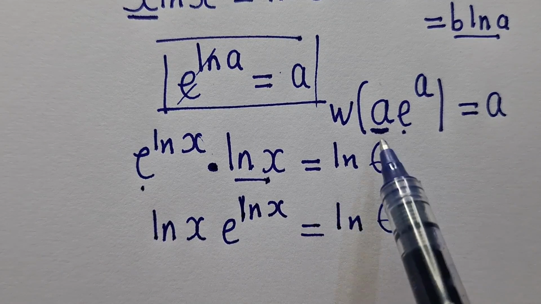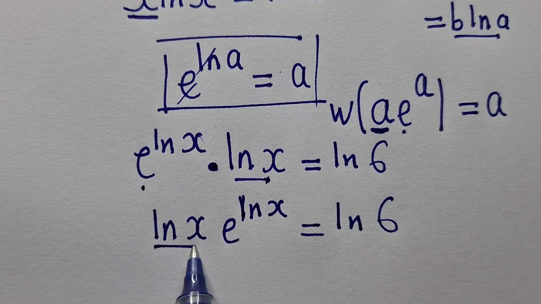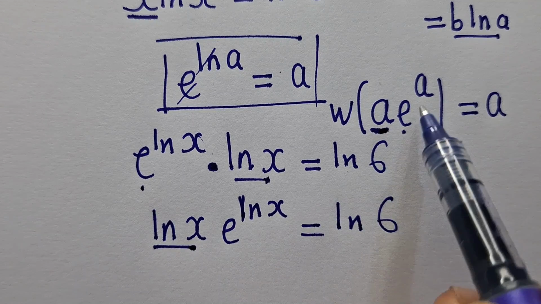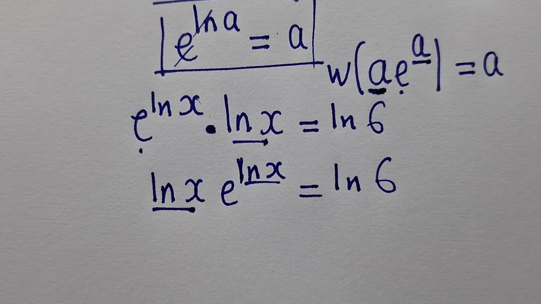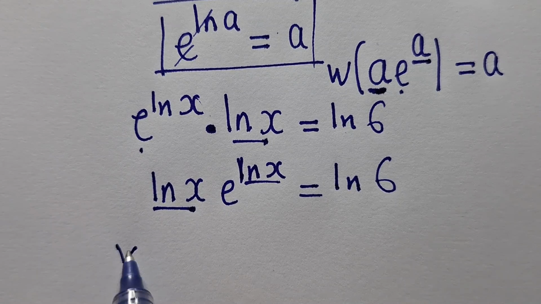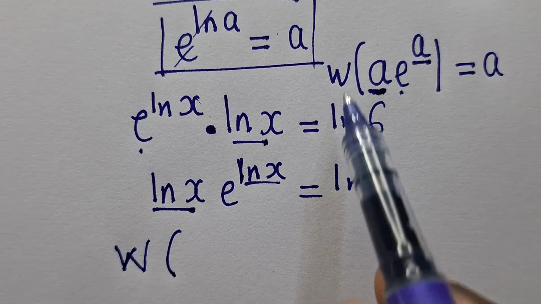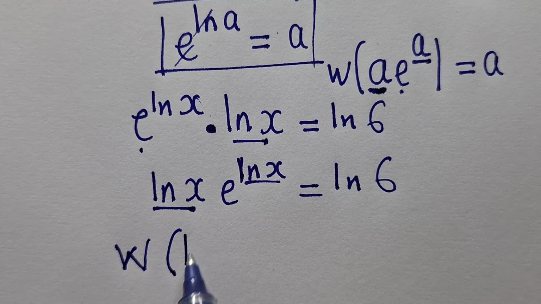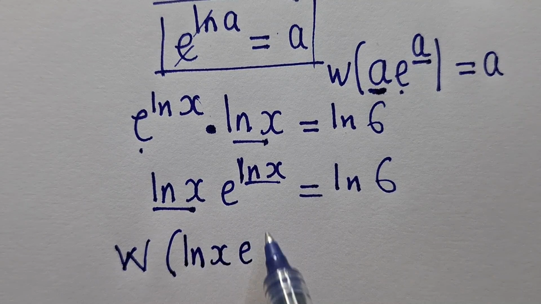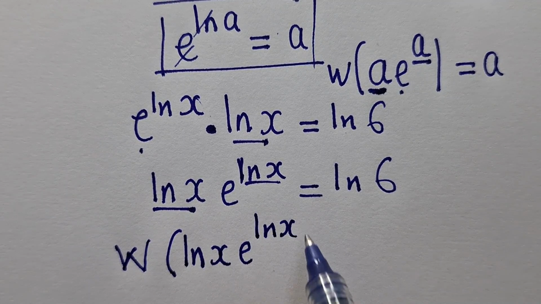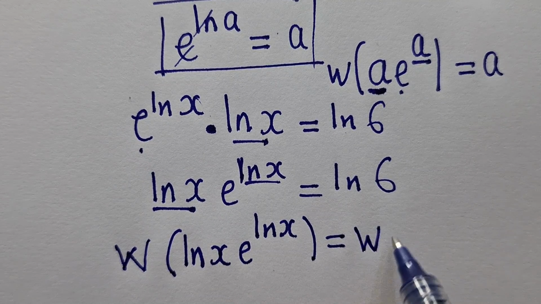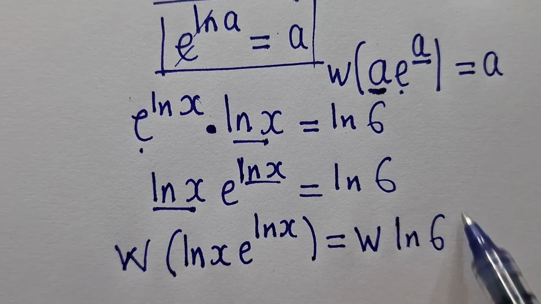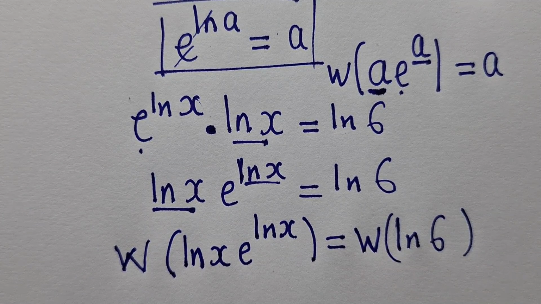So this is the coefficient, and then there's a power here. They are equal to each other. We can therefore introduce W, which is called Lambert, to ln of x e to the power ln of x, and since we've introduced W here, even the other side we're supposed to introduce W. It's called Lambert.